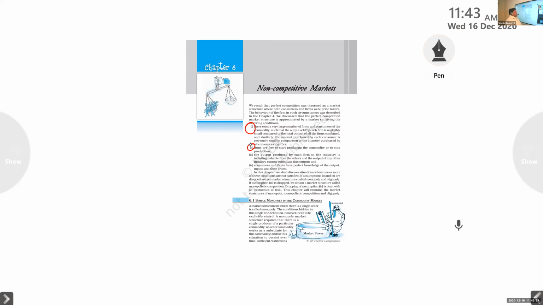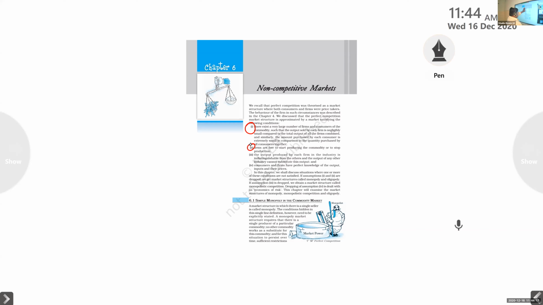If the firms come to know that production is profitable, they are able to enter into the market. At the same time, if they come to know that the production is not profitable and is leading to a loss, they are free to leave. They are able to stop the production.